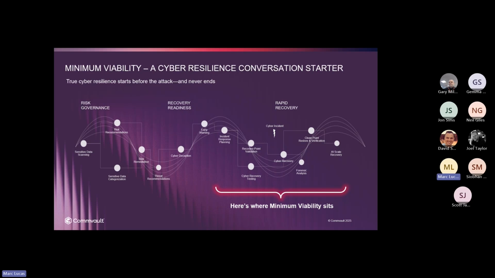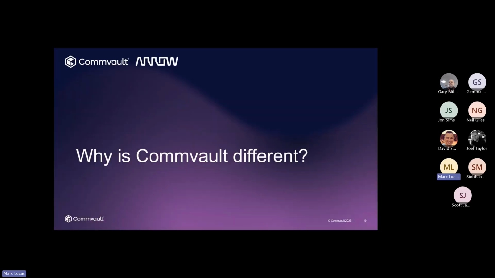If you look here, ideally there's a lot more that they should be thinking about regarding that earlier warning of picking up a suspected attack and lessening the blast radius, or ideally stopping the attack in the first place with things like cyber detection or early warning, and taking that proactive approach and looking at their data, categorizing their data, looking for risks, reducing their footprint. A lot more involved in there. We can help them along every single step of the way.